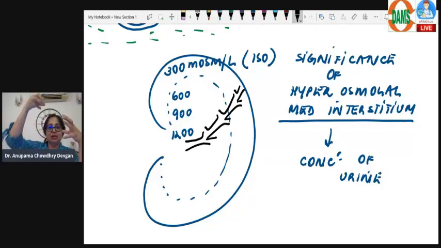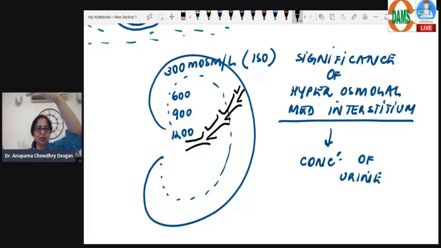From the renal papilla, the urine will flow into the minor calyx, major calyx, renal pelvis, ureter, urinary bladder, urethra, and out. So the tubular fluid drains into the collecting duct. So in the collecting duct, you've got cortical, outer medullary, and inner medullary collecting duct, right?